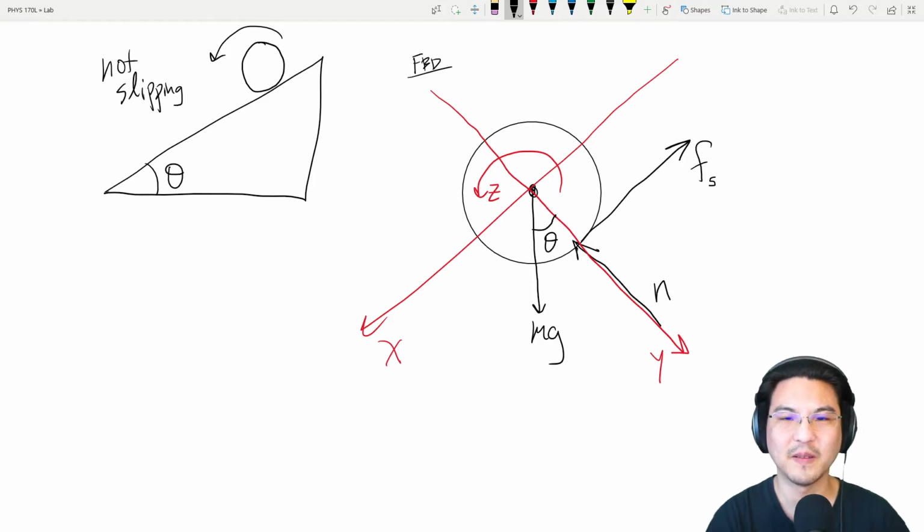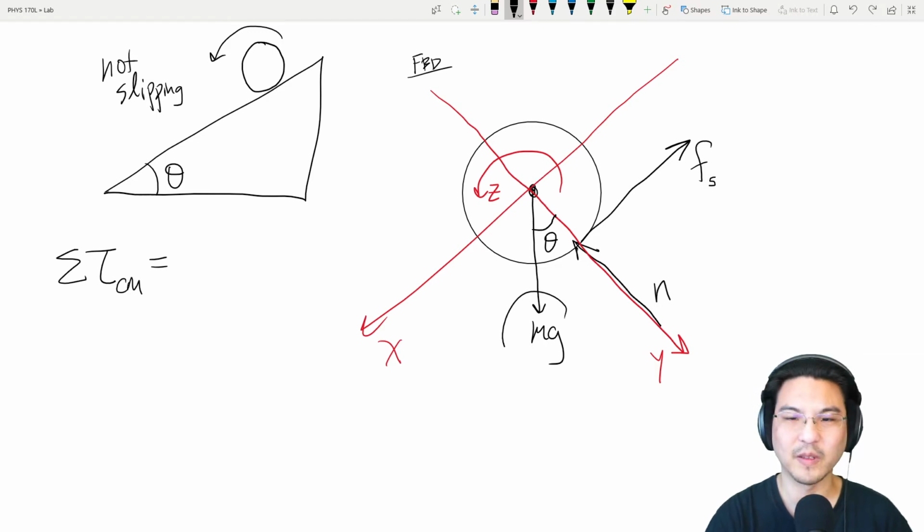Okay, so now let's practice writing Newton's second law for rotation. So that's some torque about wherever you want. I'll choose the center of mass, so I'm summing the torque about the center of mass. About over here, this force doesn't cause any torque because it's going right through that point. This force also does not provide any torque about this point because it's just going right through it.